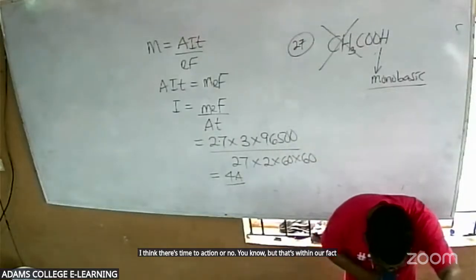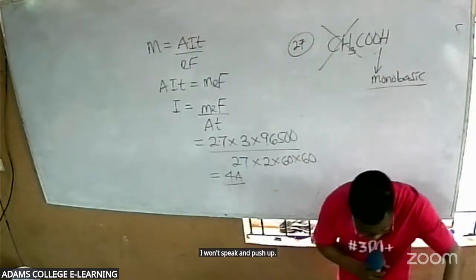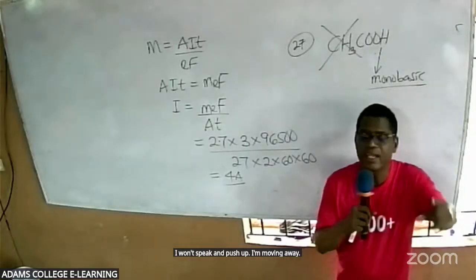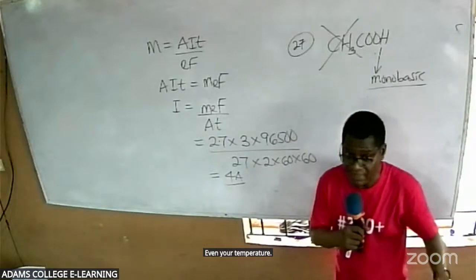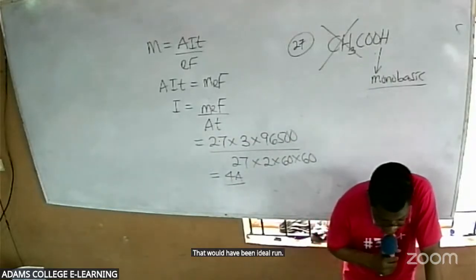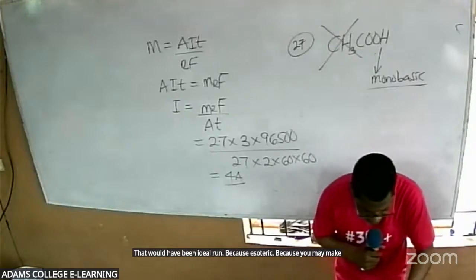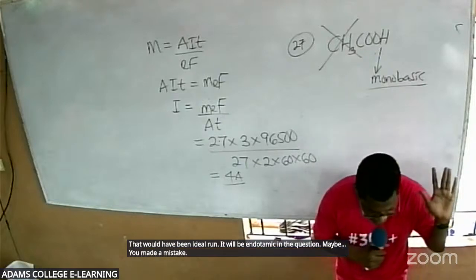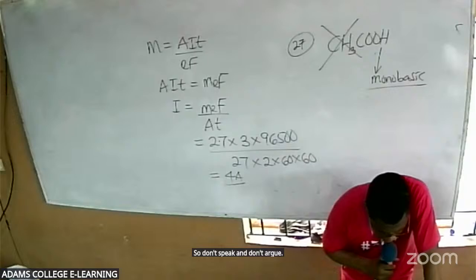If you see something like just "temperature", don't even bother yourself, move away. But if you have increasing the temperature or decreasing the temperature, decreasing would have been the ideal one because it's exothermic. The reason I pick that is because they may have made a mistake, it may be endothermic in the question. So just pick A, don't argue. The only thing that affects the equilibrium constant is temperature.